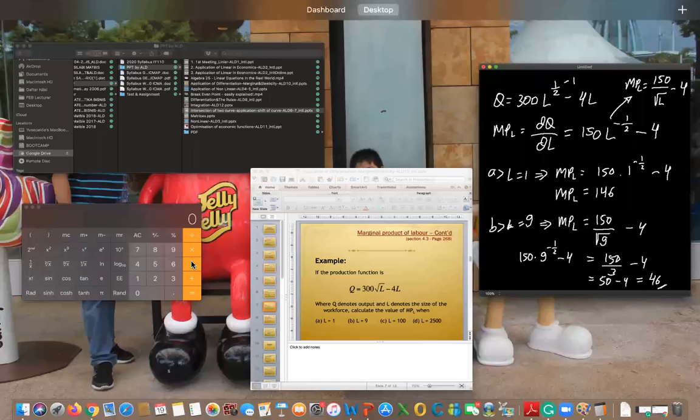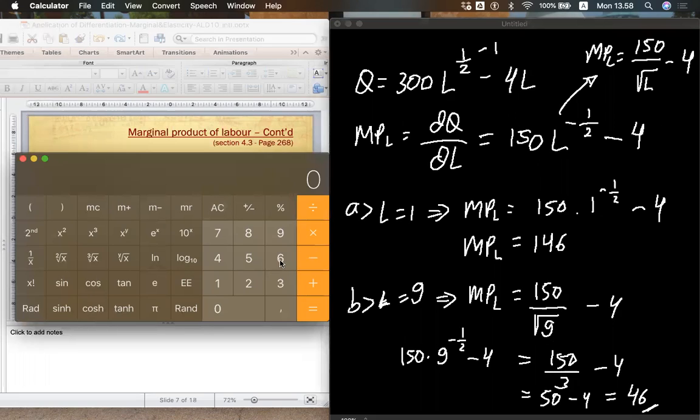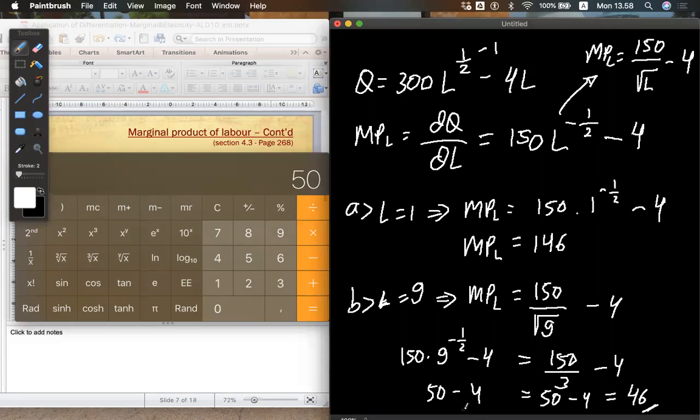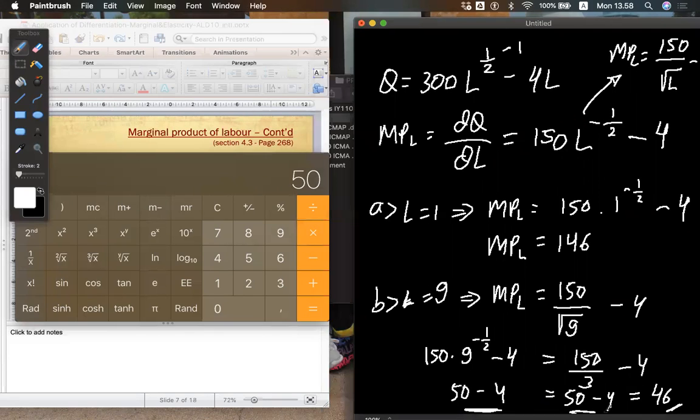Let's try to prove it. 9 to the power of half minus half, this equals blah blah blah, and then times 150. Then it becomes 50. 50 minus 4 is just the same, and it will be 46.